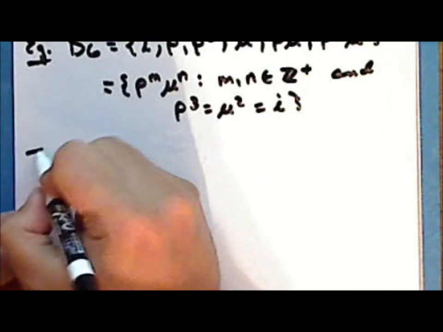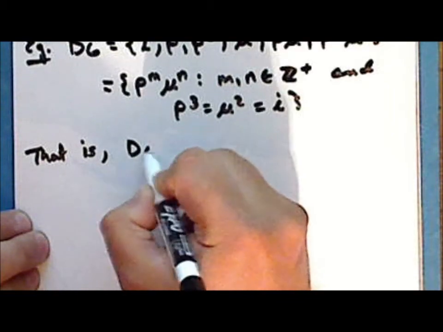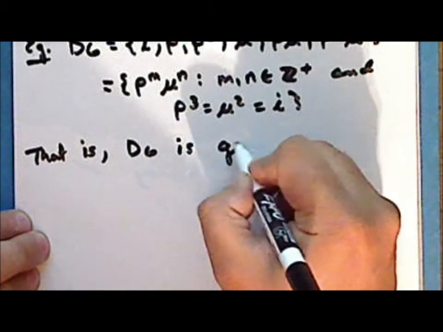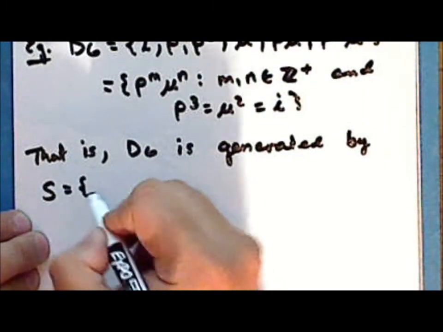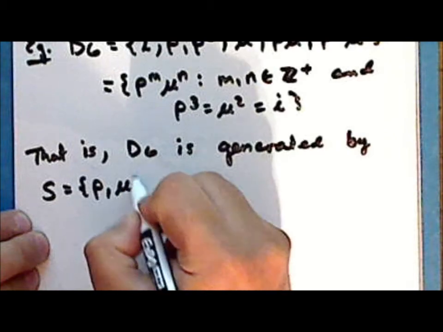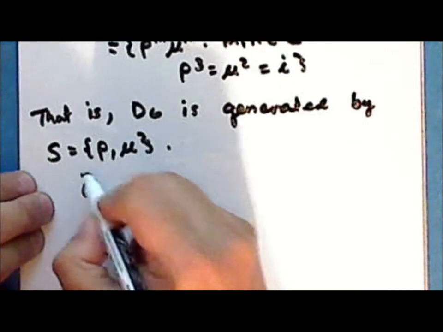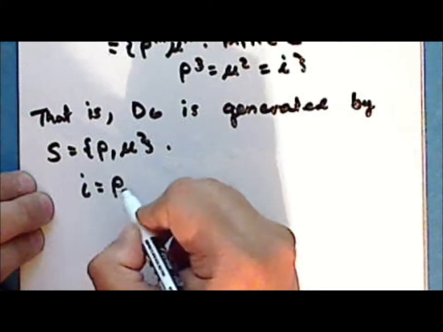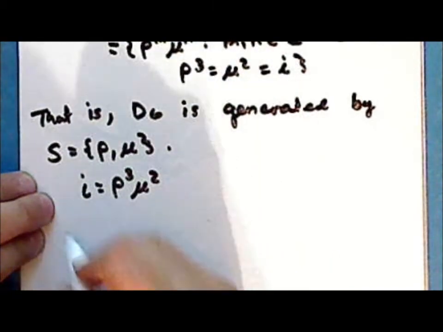That is, the dihedral group of order 6 is generated by the set S containing the elements rho and mu, where the identity is equal to the product rho to the power of 3 times mu to the power of 2.